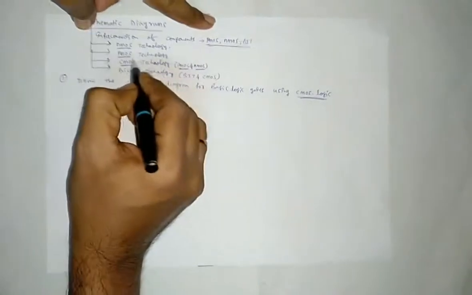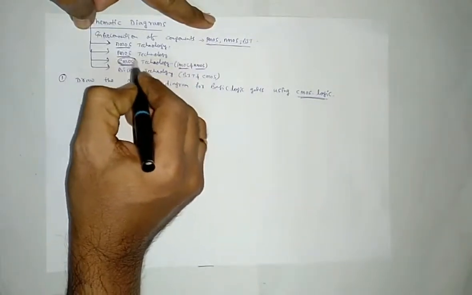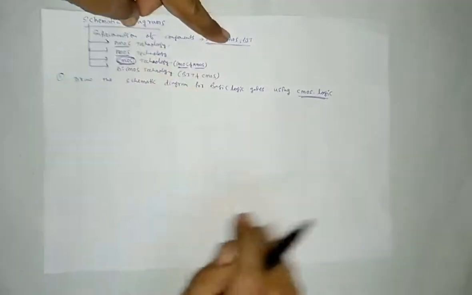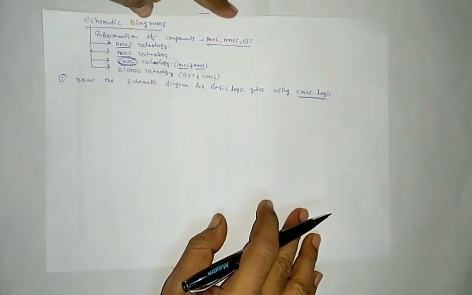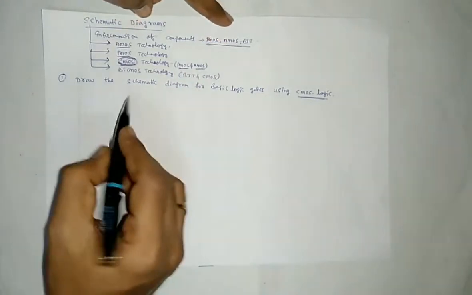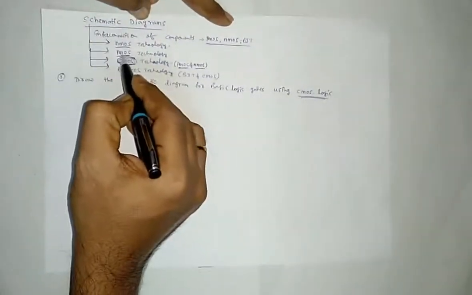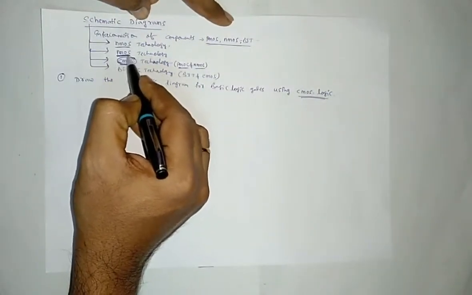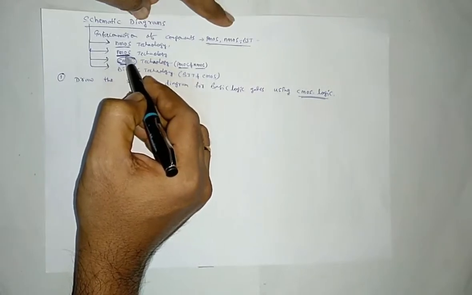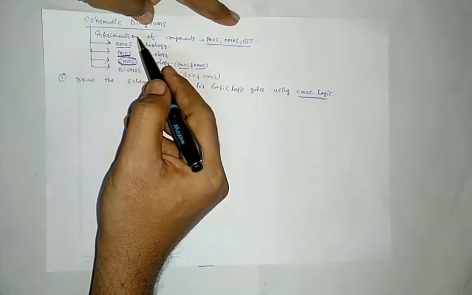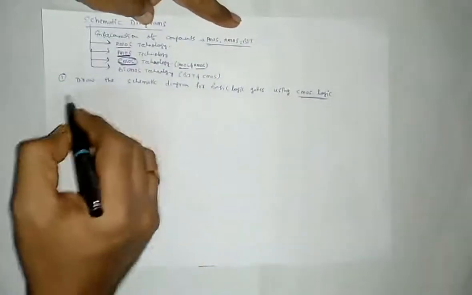So we are going to discuss CMOS technology or CMOS logic only. By using CMOS technology, how to draw schematic diagrams. Already we know the pull-up network is constructed using only PMOS transistors, and it is connected between VDD and output.